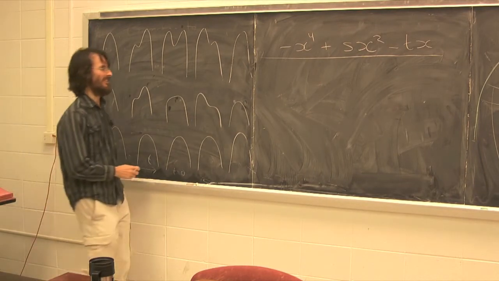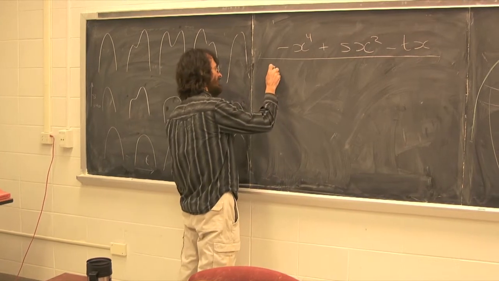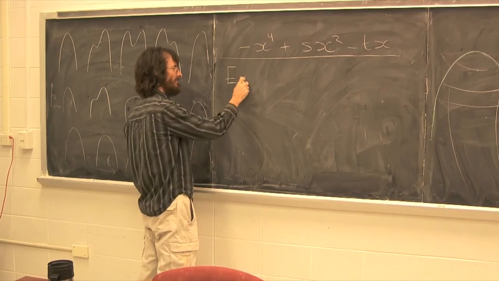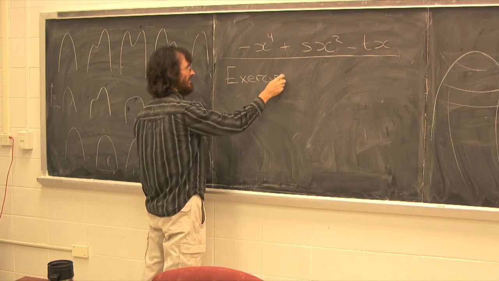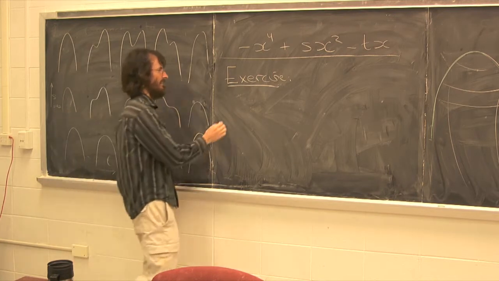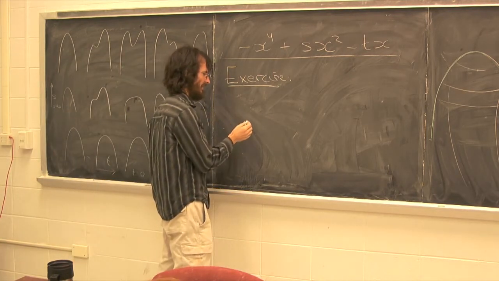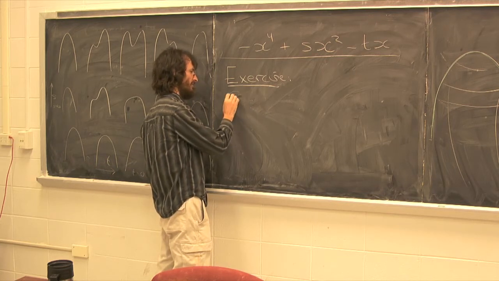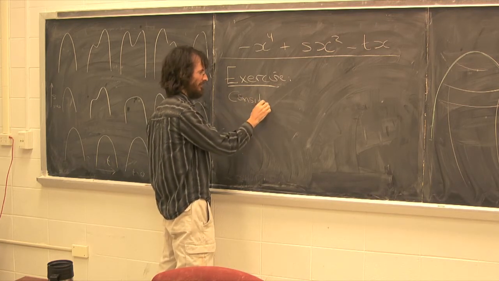Homework problem. I'm giving an exercise in a while. This is of more topological nature, it's not analytic. So suppose I have, let's consider a Morse function on a 3-manifold.